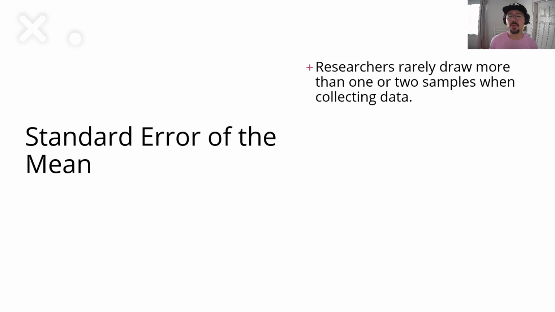While that example is great for illustrating the idea of developing a sampling distribution of the means, it doesn't quite meet the expectations of true research, because in reality researchers are rarely drawing more than one or two samples.